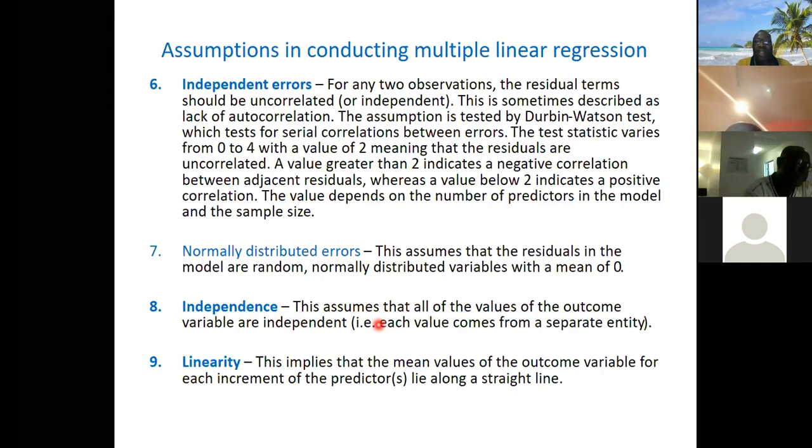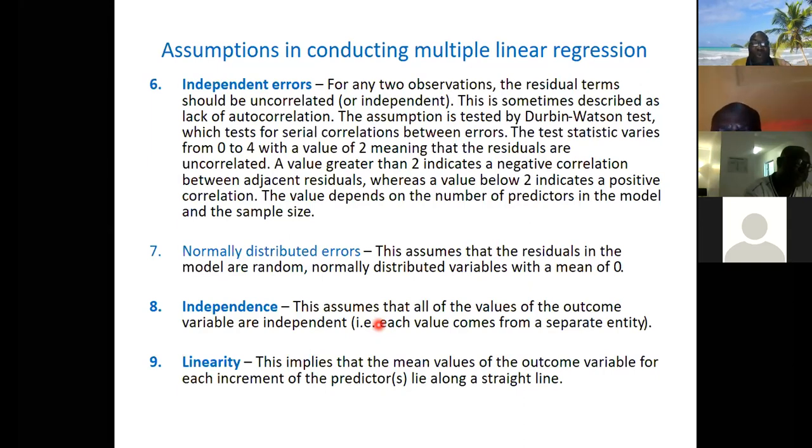That's what they call autocorrelation. People in econometrics deal with this a lot, because they usually have variables where the error autocorrelates, so they call it autocorrelation. The way to test it is the Durbin-Watson test. Leave that one. Then normally distributed errors.